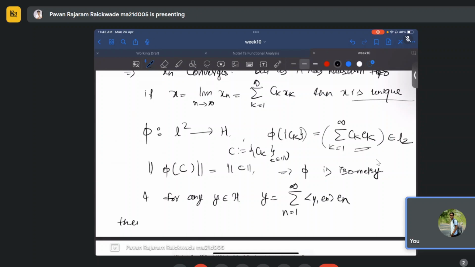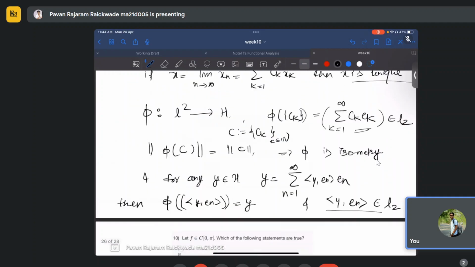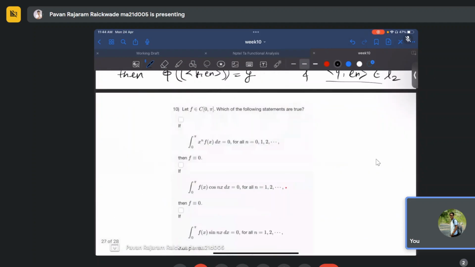Then phi of this sequence equals y, where this sequence belongs to L2. This follows from Bessel's, oh no, Parseval's actually; from Bessel's also it follows. So the isometry follows from Parseval's. So question number 9 is clear: H is isometrically isomorphic to L2.